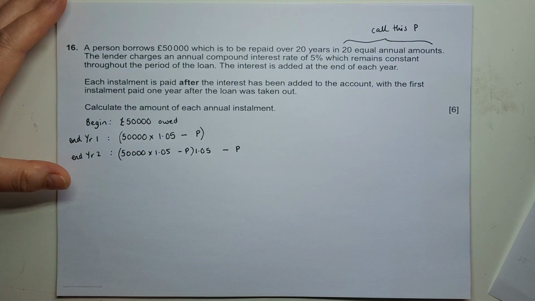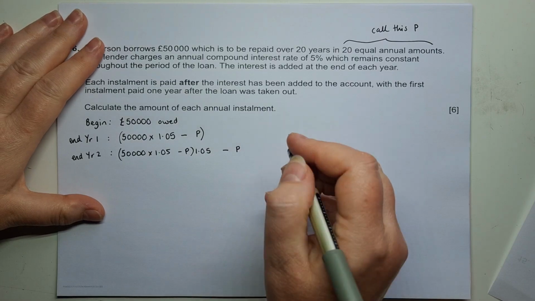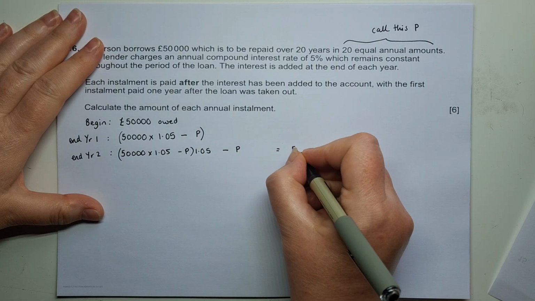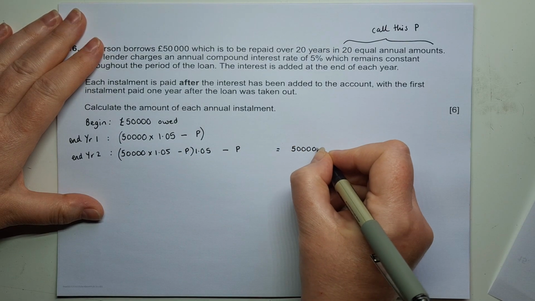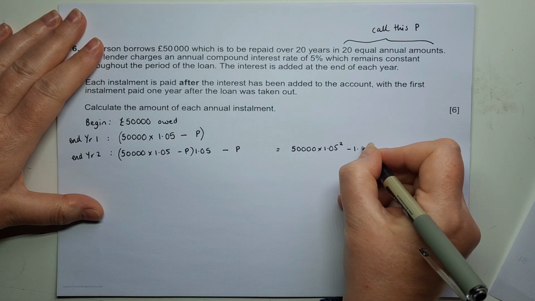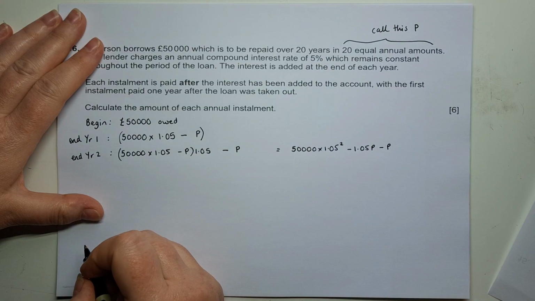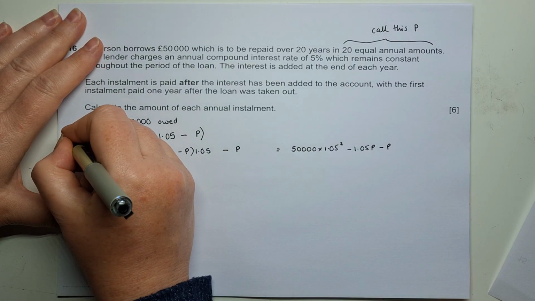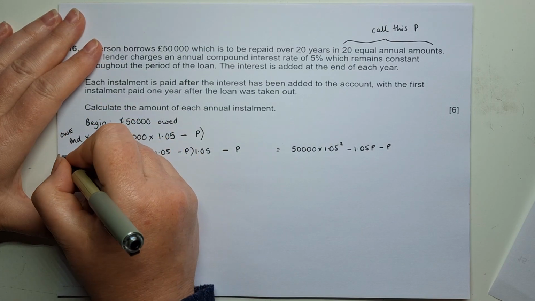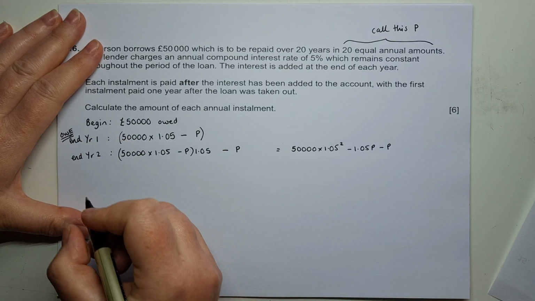So you've minused P from your debt because you've paid a little bit back. Let's just tidy that up. That is 50,000 times 1.05 squared minus 1.05p minus p. That's how much you owe at the end of year two.